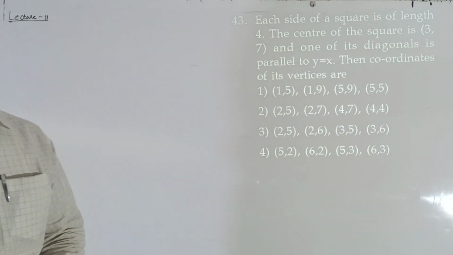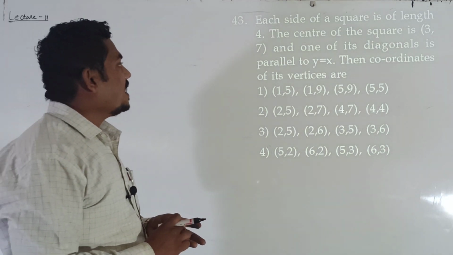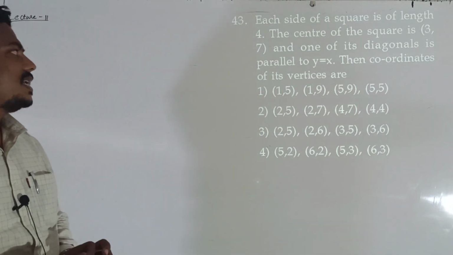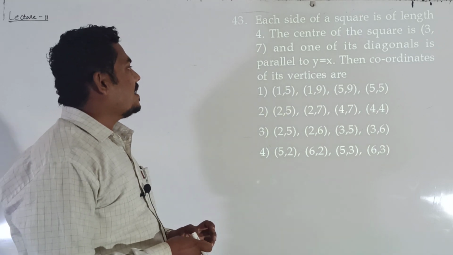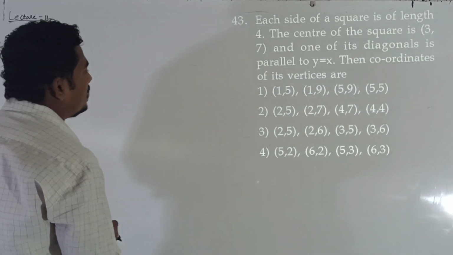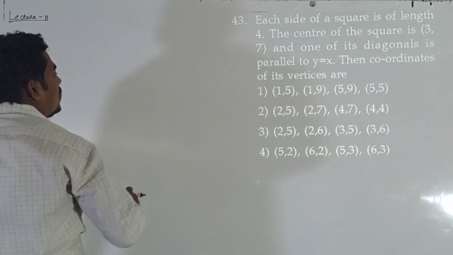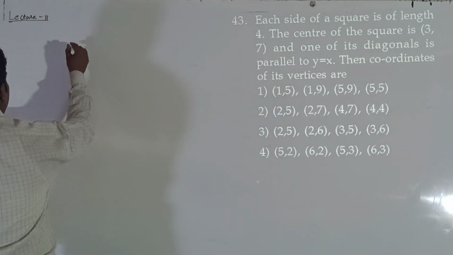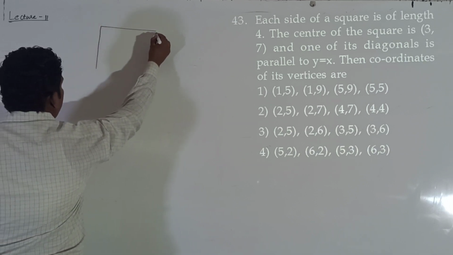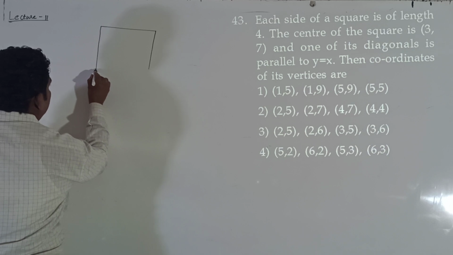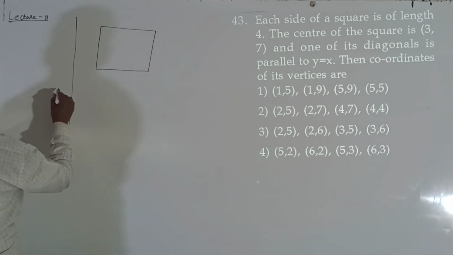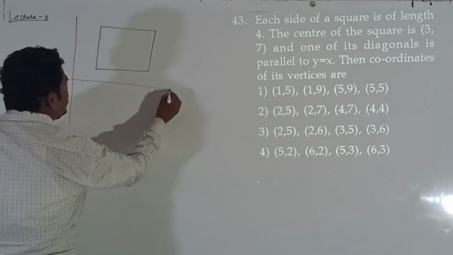Next question. Each side of a square has length 4 units. The center of the square is 3 comma 7 and one of its diagonals is parallel to y equal to x. Find the coordinates of its vertices. Suppose this is one square, and this is the 2D plane.